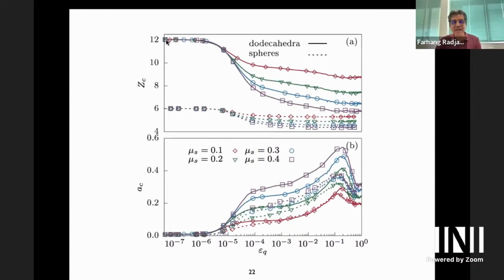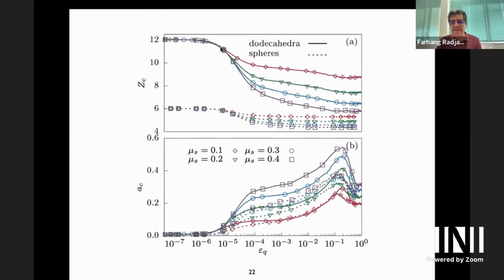ZC, as we have seen, is 12 because it's isostatic at the beginning, because it was prepared with zero friction. When we activate friction, it can change, but here it's nearly constant because there are no rearrangements.